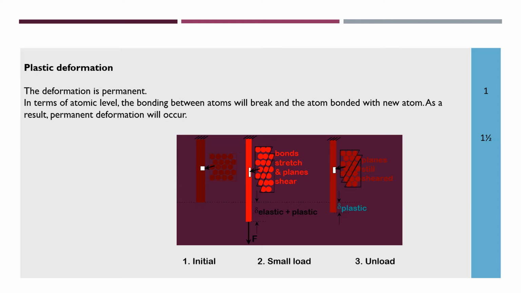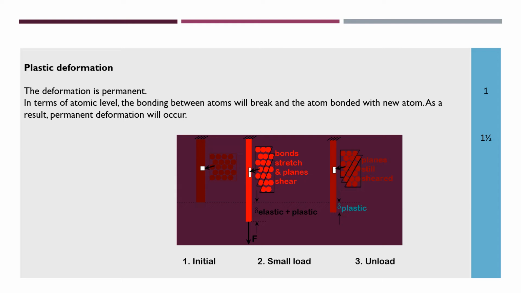So generally, this is how the atoms look at the original stage, and when you apply a small load, two types of deformation occur, which are elastic and plastic. For this part and this part, it will stay elastic, it will return back to the original position.